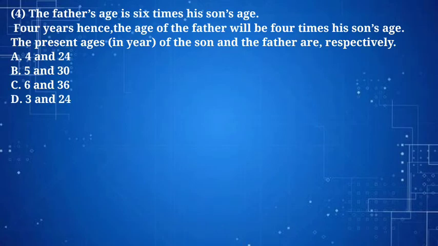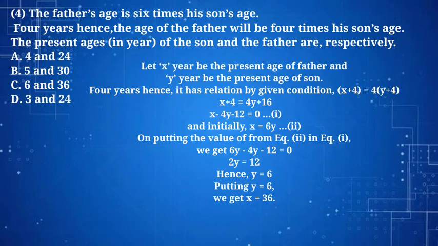Question number 4. The father's age is 6 times his son's age. 4 years hence, the age of the father will be 4 times his son's age. The present ages of the son and the father are respectively. In the question, we have two objects: father's age and son's age.